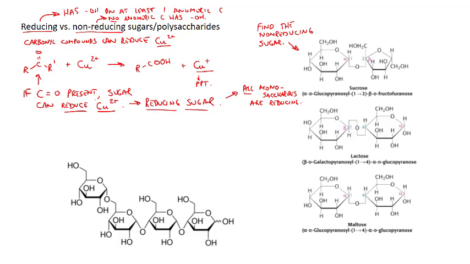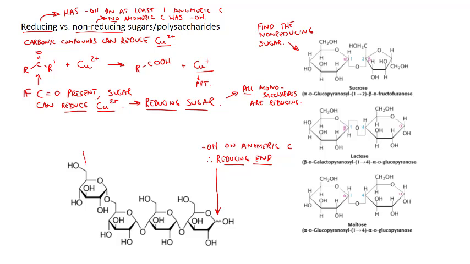All right, so the business of reducing and non-reducing sugars becomes somewhat important when you end up with polysaccharide molecules like this one, where you've got a big long chain of carbohydrate molecules. Now, typically, when you have carbohydrate molecules linked together in a chain like this, there's going to be one end of the molecule that has an OH on its anomeric carbon, and therefore that end of the molecule is said to be the reducing end of the polysaccharide.